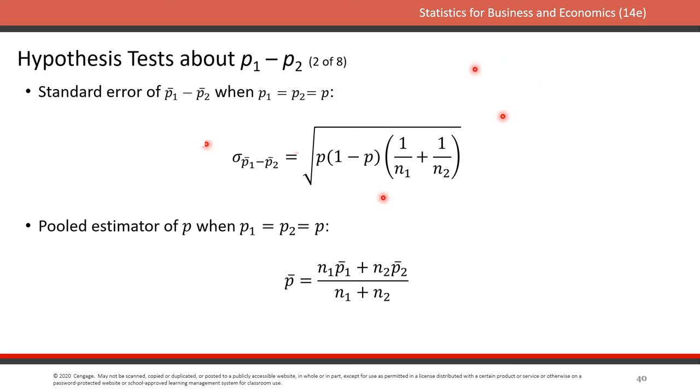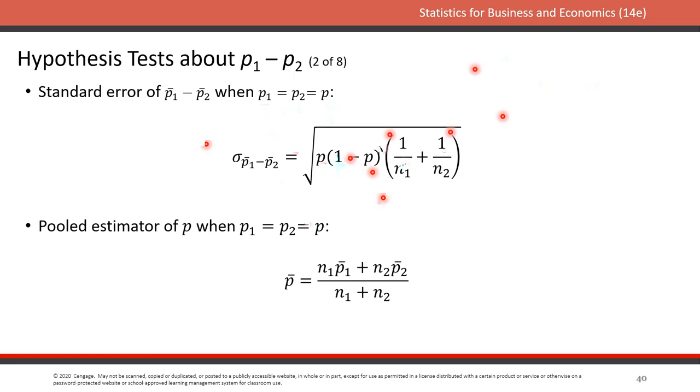Write that out, and then in place of P1 and P2, whenever you see a P1, just write regular P. And whenever you see a P2, just write regular P. And you'll see what I mean when I'm saying we can just pull these out, because there's a P times 1 minus P on top of both of these fractions, and we can factor that out. So that's where this formula is coming from.